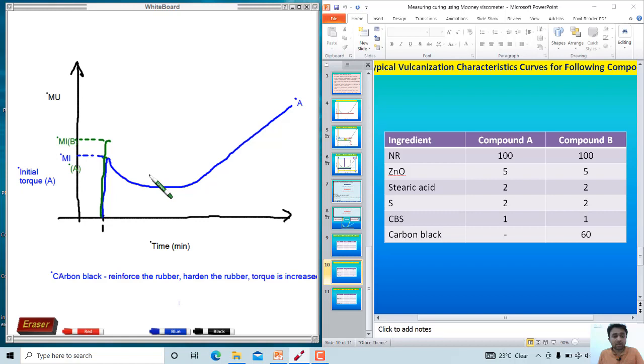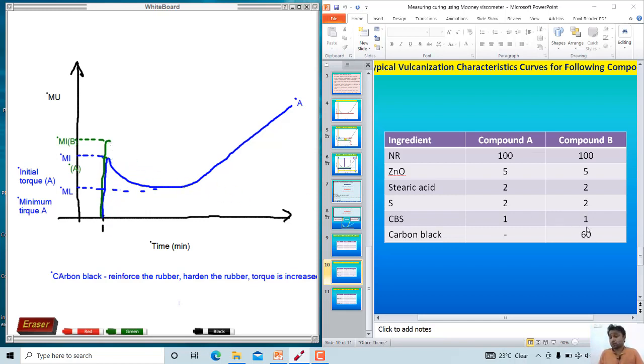Then what about the minimum? Here the minimum of compound A, let's say ML, minimum torque of compound A. So what will be the minimum torque of compound B?